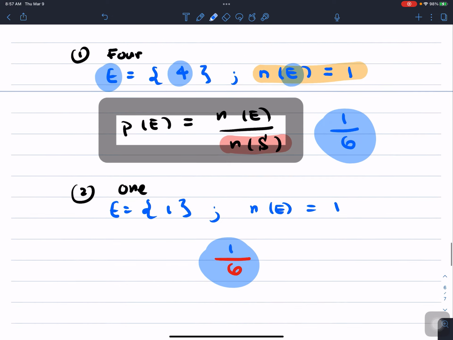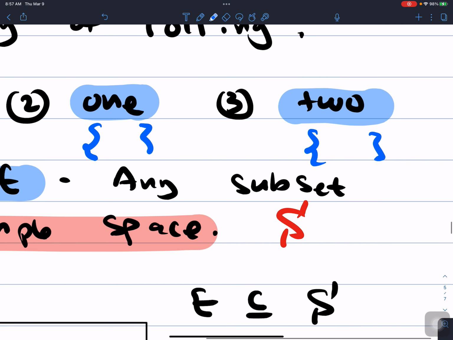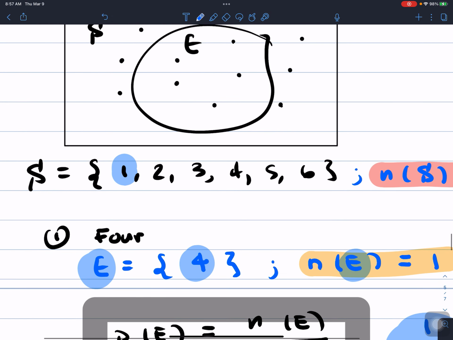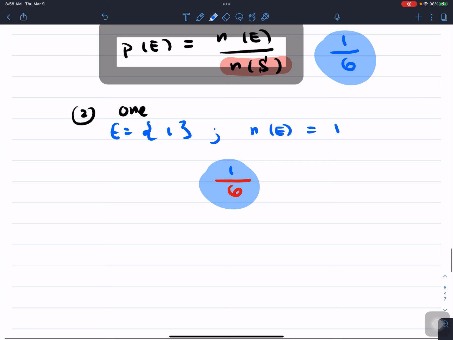All right. What's the next question? So this is the 1. Which outcome in the sample space is 2? Is it 2? Yeah. Okay. There you go. So what's this probability going to be?